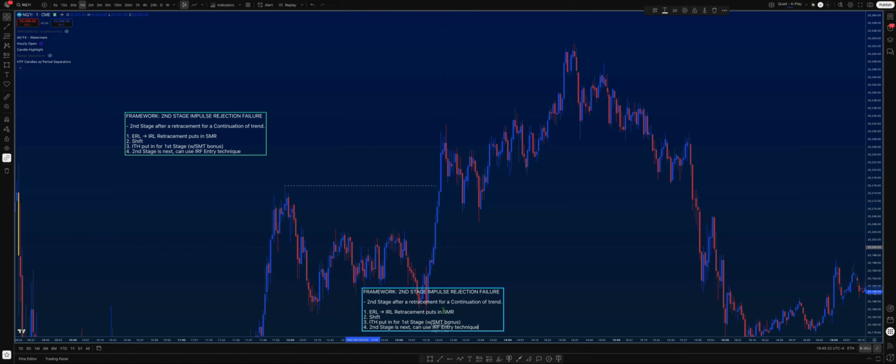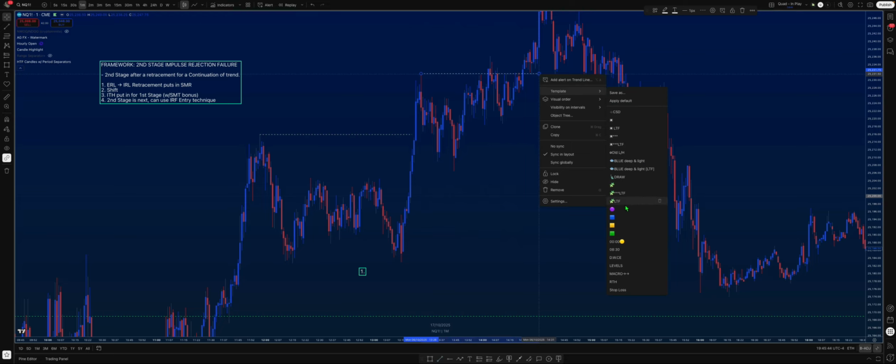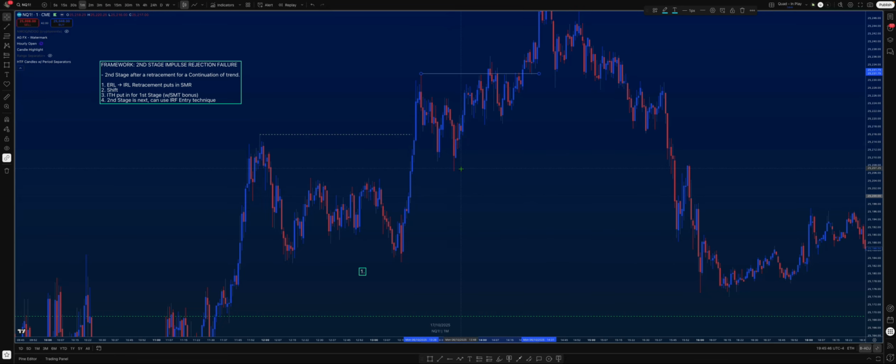So we've got number one down here, a retracement that puts in a reversal, breaks the high again, and we're now looking for first stage, and we're drawing that line out there.